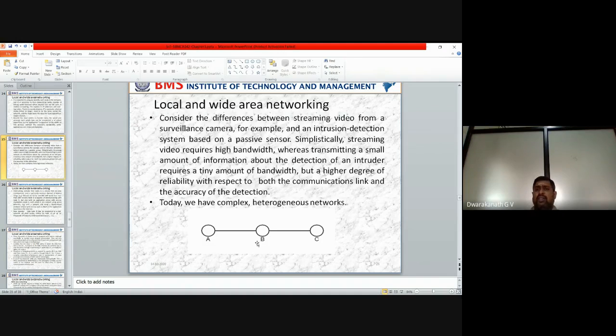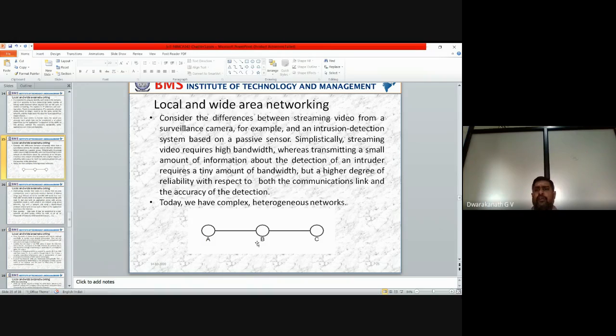Coming to the next, consider the differences between streaming video from a surveillance camera. This is the example they have given in the syllabus. Gaurish is doing this particular project, where in a surveillance camera, motion identification is used for an intrusion detection system.